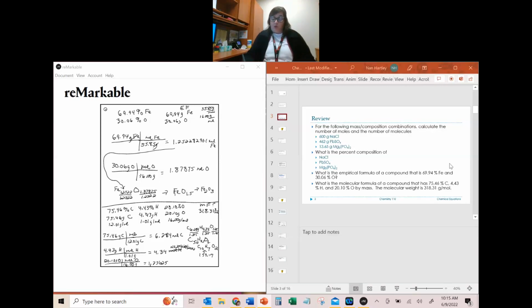That gives me 1.9998, which is 2. So I know that I need to multiply this by 2 to get the right answer, which then means that this is C20H14O4. So I've had to multiply everything by 2 to get the correct molecular formula.